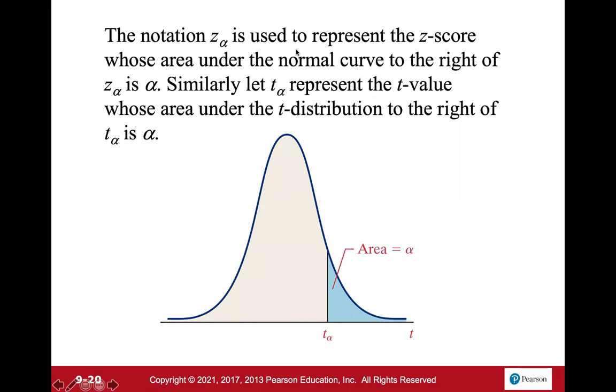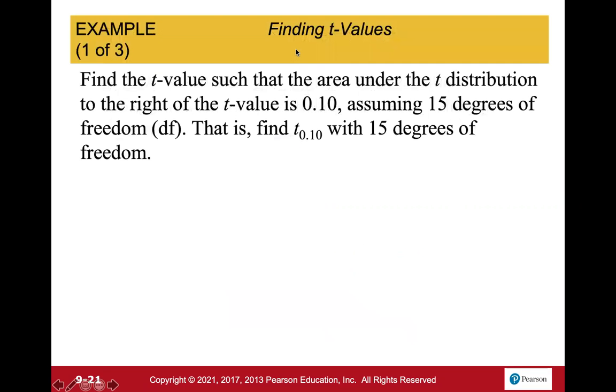So very similar to the normal distribution, but this one is the t-distribution, and we have different values for these. Find the t-value such that the area under the t-distribution to the right of the t-value is 0.10, assuming 15 degrees of freedom.